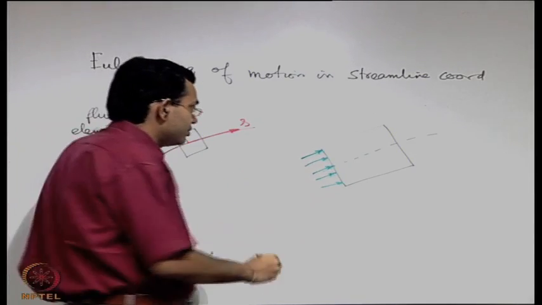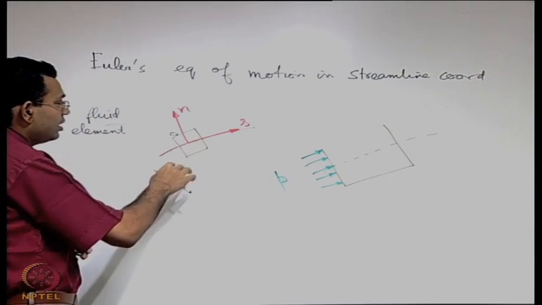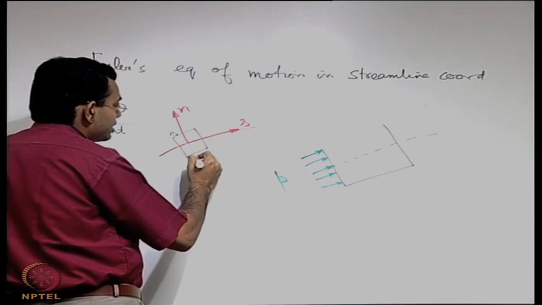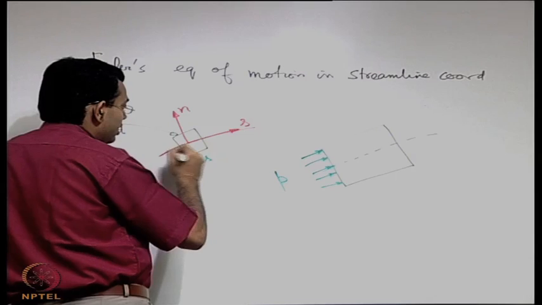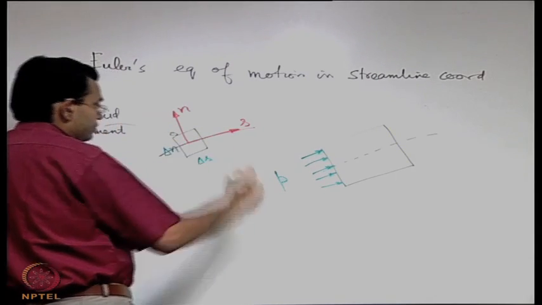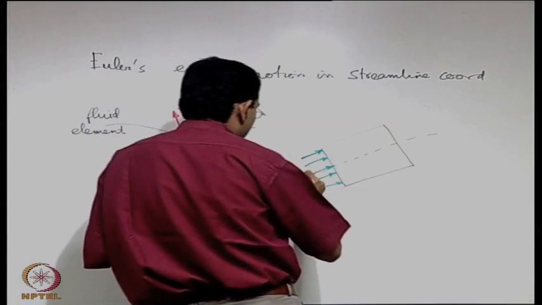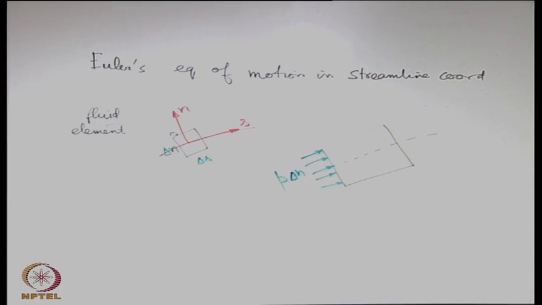If P is the pressure, let us identify the element by its dimensions along n and s, say delta s and delta n. So, P into delta n into 1, where 1 is the width perpendicular to the plane of the figure.